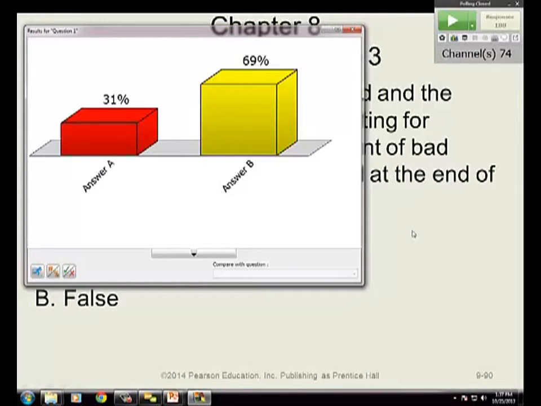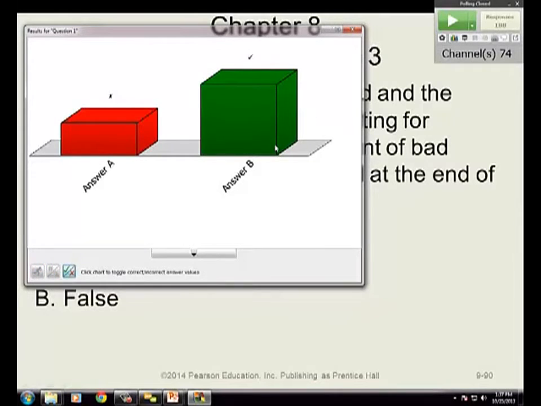So only the allowance method is going to use estimates. So this is false, so I'm glad I asked this one. The amount of bad debt expense estimated at the end of the period is only under the allowance method. Direct write-off is the actual uncollectible account. You wait until you know for sure that someone's not going to pay. So this one is B. Okay. Let's go to the next one.